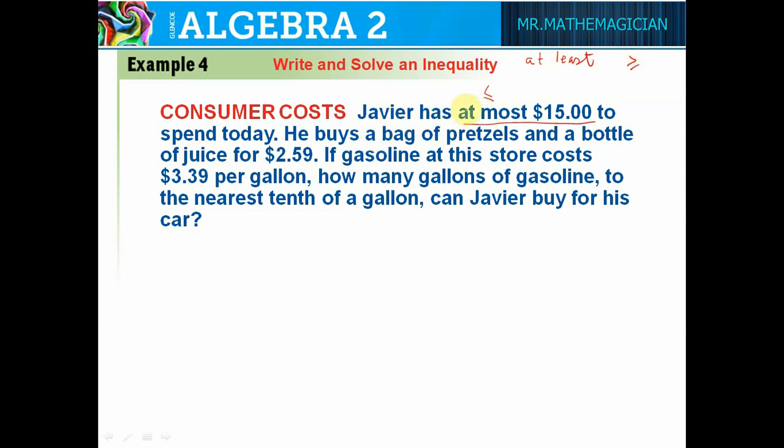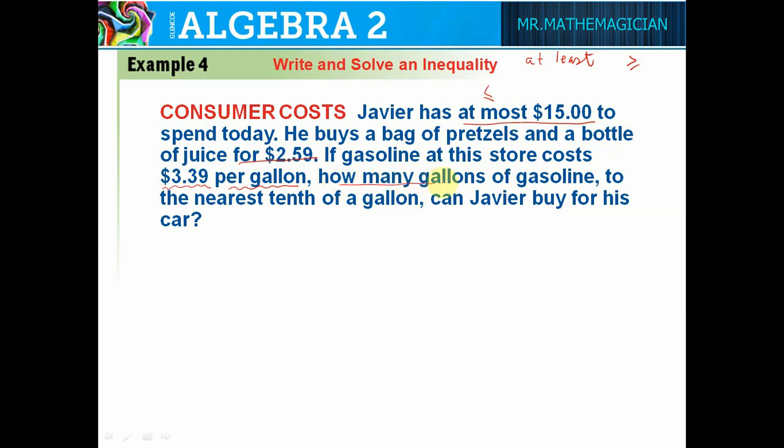Now Jafir has at most $15 to spend today. He buys a bag of pretzels and a bottle of juice for $2.59. If gasoline at this store costs $3.39 per gallon, $3.39 per gallon means for every gallon.